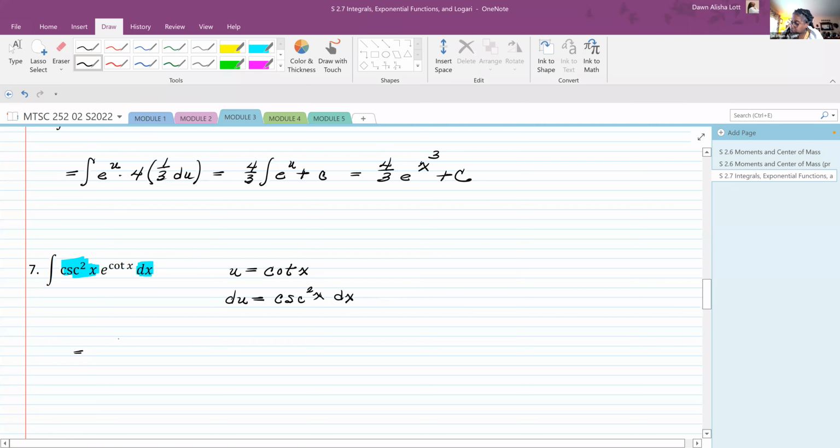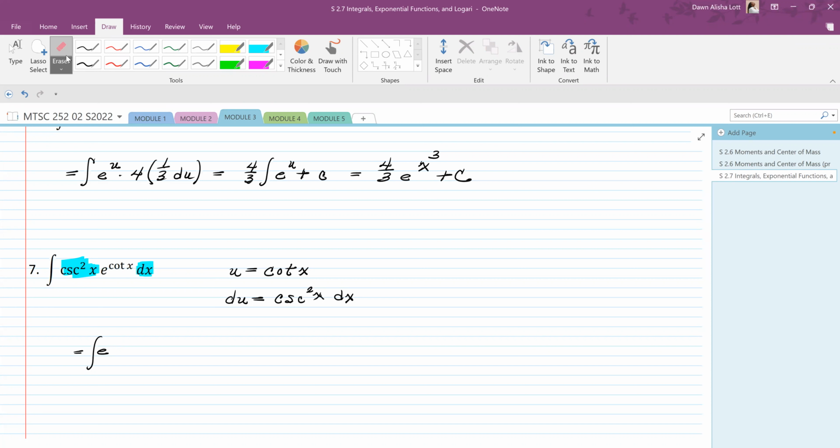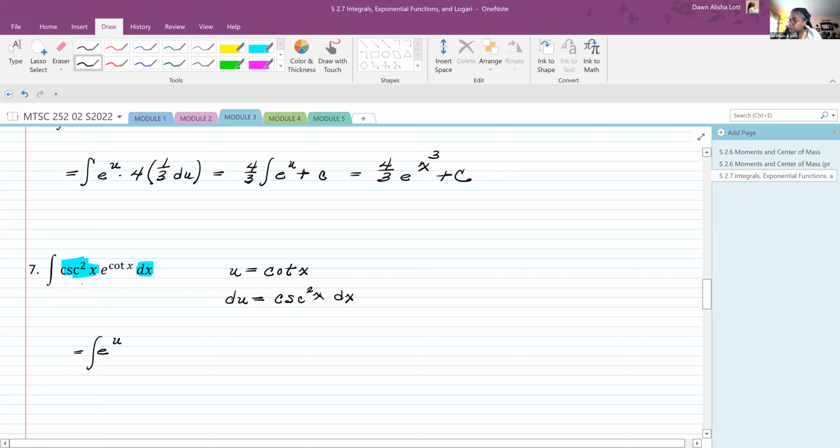So that's the integral of e to the u. And then cosecant squared x dx is just du. So this is just e to the u plus a constant, and that's just e to the cotangent of x.